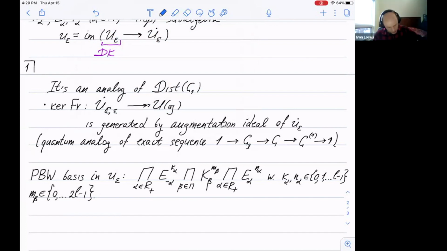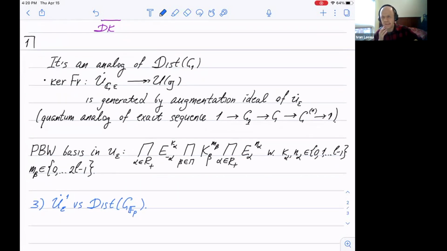Finally, what I want to explain is a formal connection between this quotient U^1 of epsilon and the distribution algebra of G over the field of characteristic p.